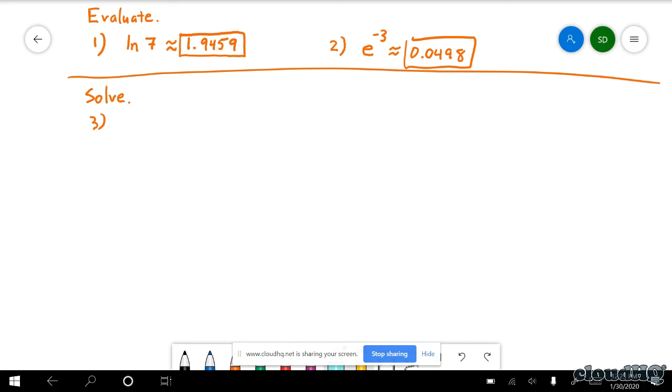We're going to go 5 ln of 6x is equal to 8. So I want to solve this equation. I want to figure out what x is. What should happen first? I would divide the 5 away. So I want to isolate the ln.